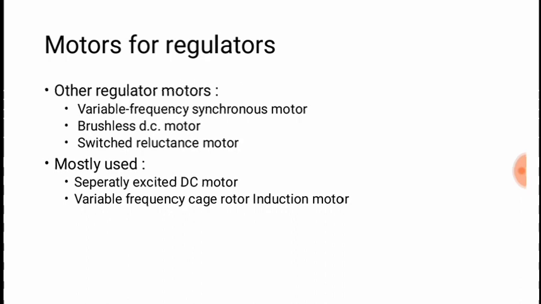But due to the advancement in the power electronics industry, these power converters have now become much more reliable and low cost. So nowadays we are using the induction motor for speed regulator applications most widely. Actually, in industries, 90 percent of the motors we are using are cage rotor induction motors.